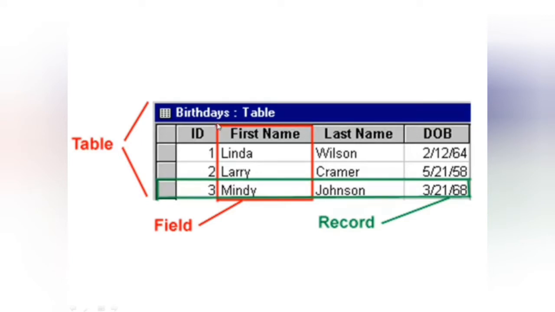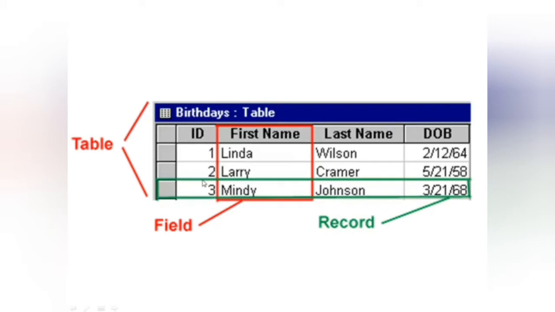Now let us understand what is it. So it is a field. Marked in red, that will be called as field. So what is a field? Any column identified by a header or attribute will be called as field. So this is a field, this is another field, and this is another field.